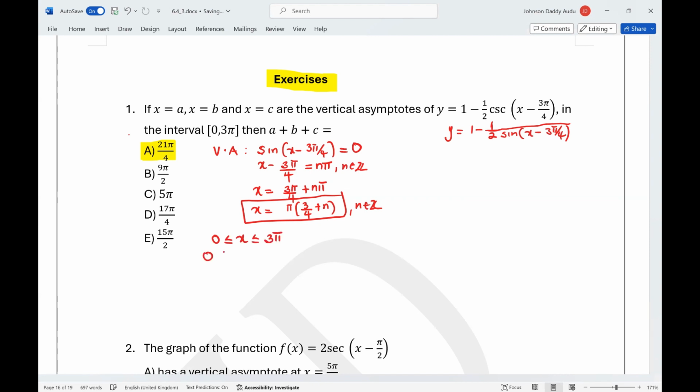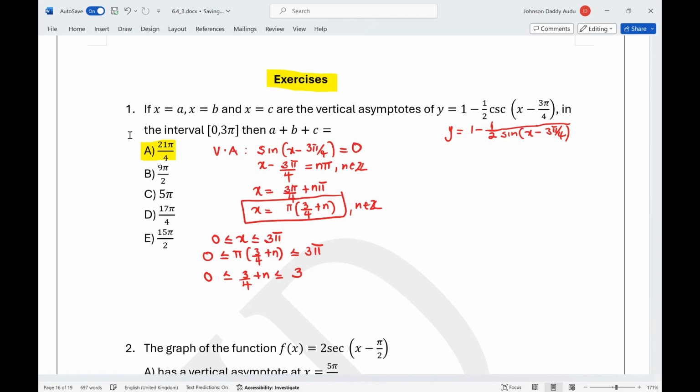And that simply means that we want 3 over 4 plus n to be less than 3 pi. Clearly, we can divide both sides by pi, so we just have 0 less than 3 over 4 plus n less than 3.